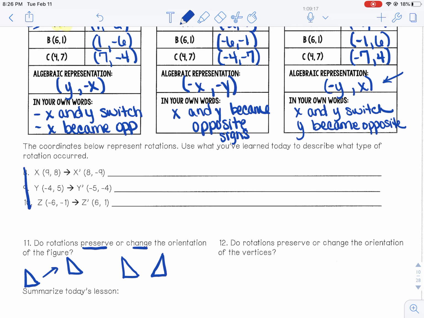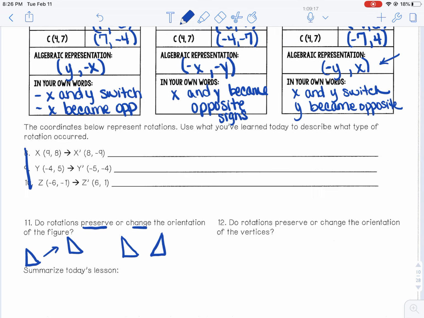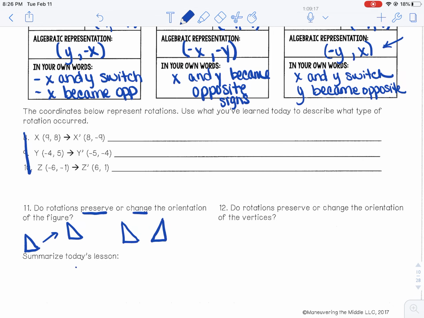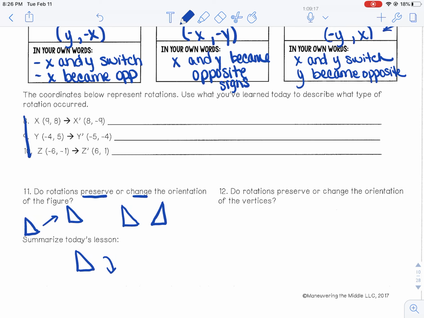So when we do a rotation, usually we would have a figure that does something like this, and when we turn it, it now is changed. It is hard for me to draw this, but it would kind of look like that. So do rotations preserve or change orientation? They change orientation of the figure.